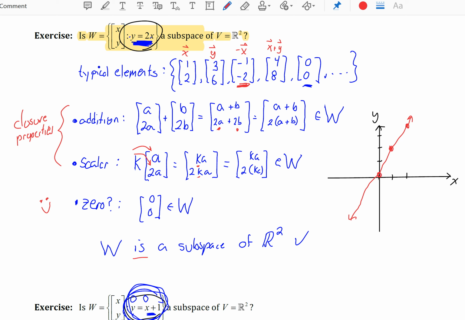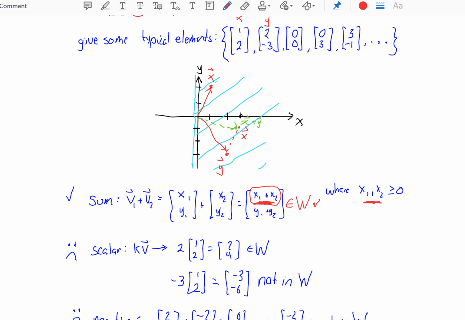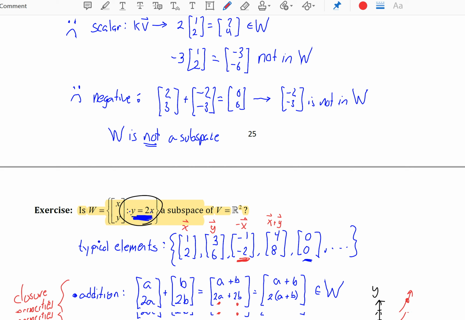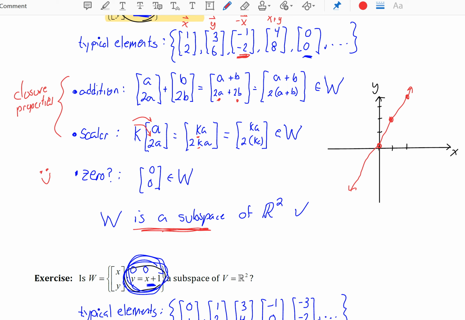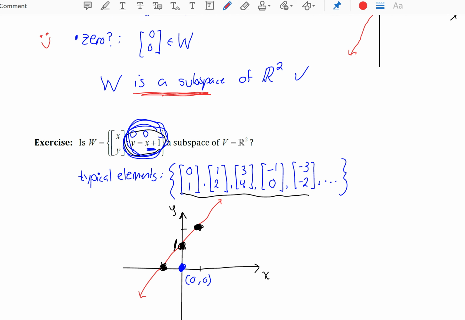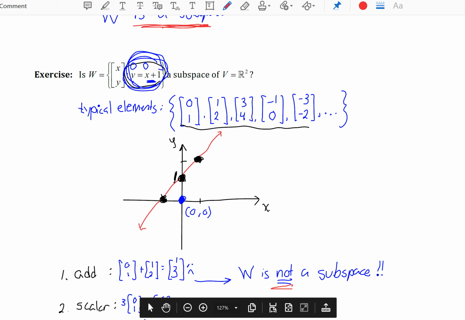This one was a subspace. So the half plane, this example, did not satisfy the required properties of being a subspace. This first line, going through the origin actually, it was a subspace. This next one, this third line, line with slope 1, y-intercept 1, this one was not a subspace.